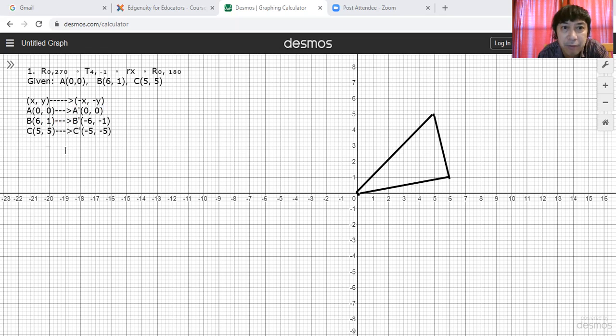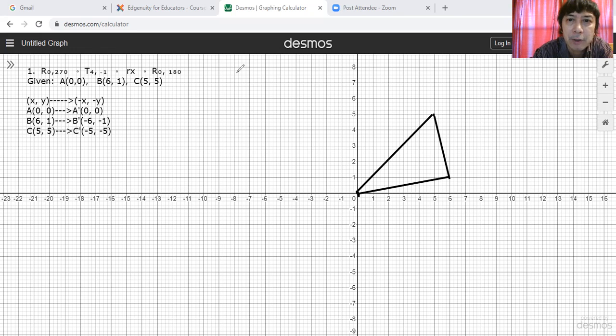Now let's see the figure for this. So we may change the color for the next set of points. Say we choose green. Let's choose the green, and let's have the points. Now for A prime, you still have it at 0, 0. There.